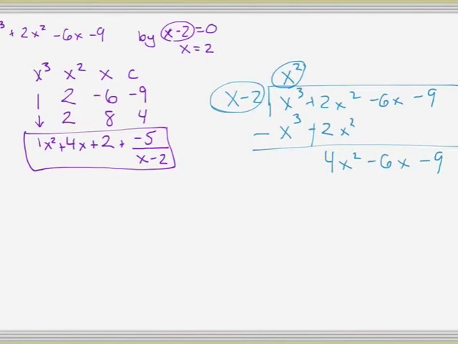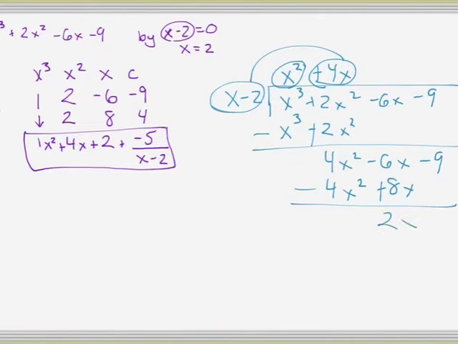And then I could multiply now. What do I multiply by to get 4x squared? I would need a 4 and an x. Then I multiply by this, and I get 4x squared minus 8x. And then when we learned long division, we learned we subtract that stuff.